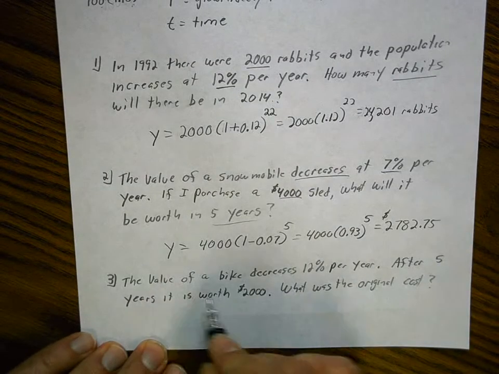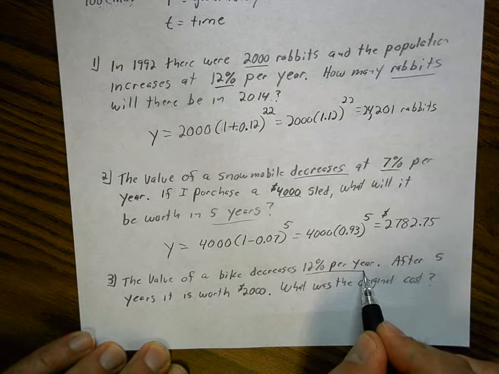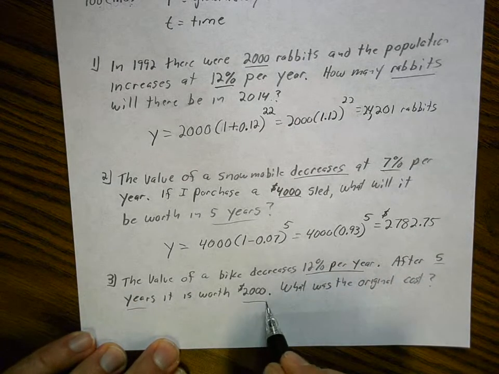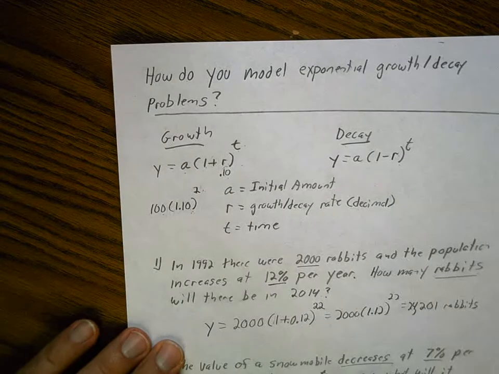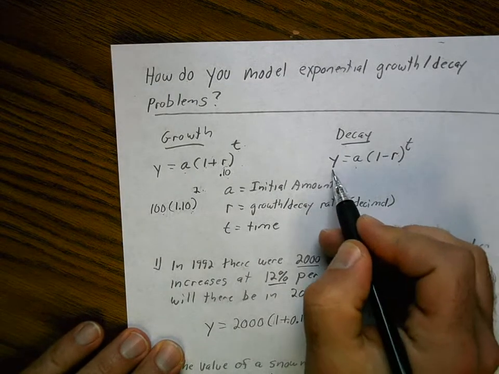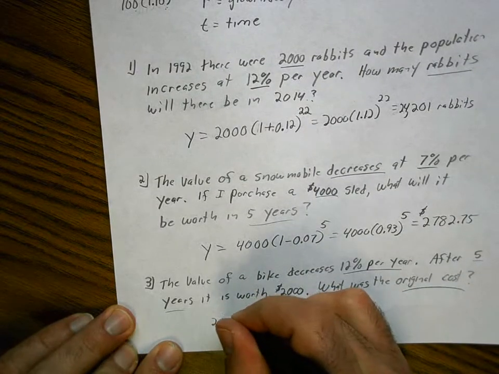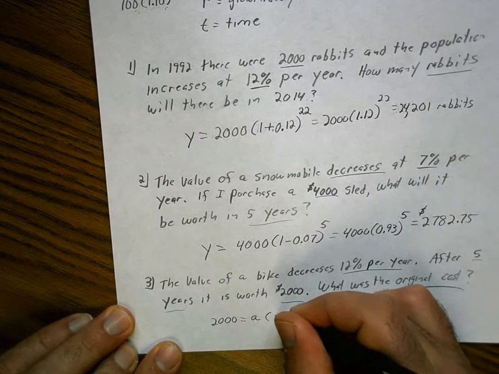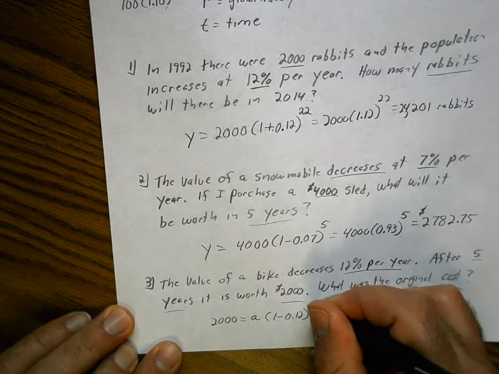Okay, another one. Now we know the value decreases at 12% per year. After 5 years it's now worth $2,000. So what was the original cost? Now we're solving for A, and we know the future cost. So we're going to set this up with 0.88 to the 5.